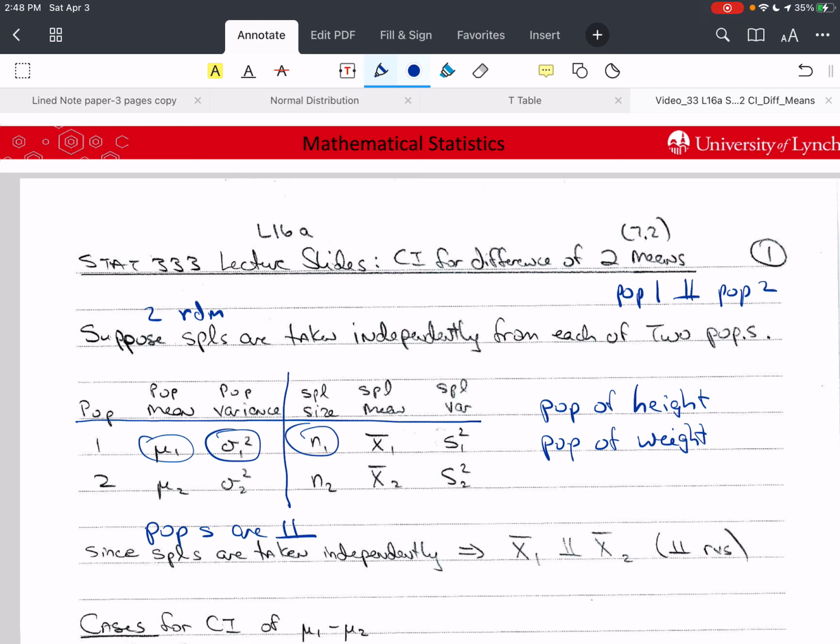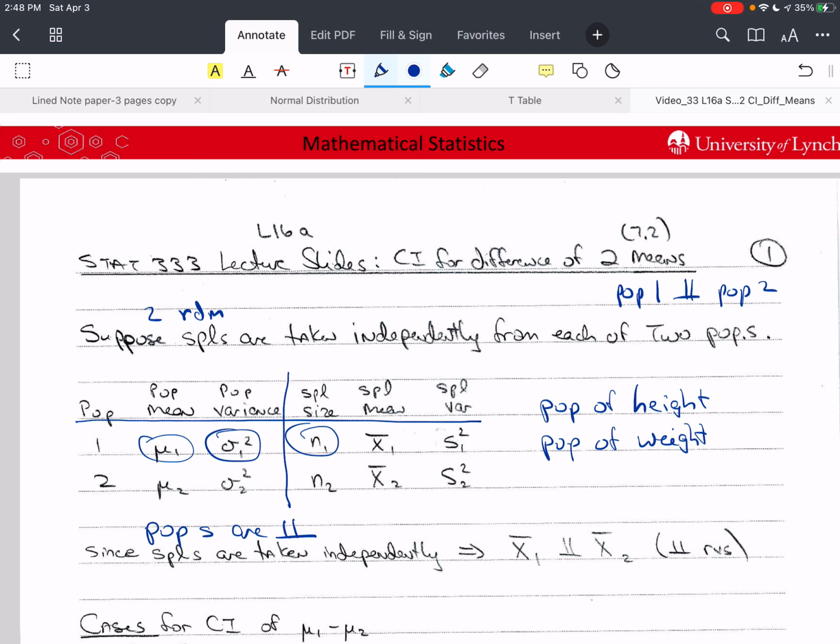Okay? So if the populations are independent, then any statistic calculated from one population has to be independent of the statistic calculated from the second independent population. Okay, all the observations, if it's a random sample, then the observations from population 1 are all independent of each other and identically distributed in this case. And all the observations in population 2 are independent of each other and identically distributed.